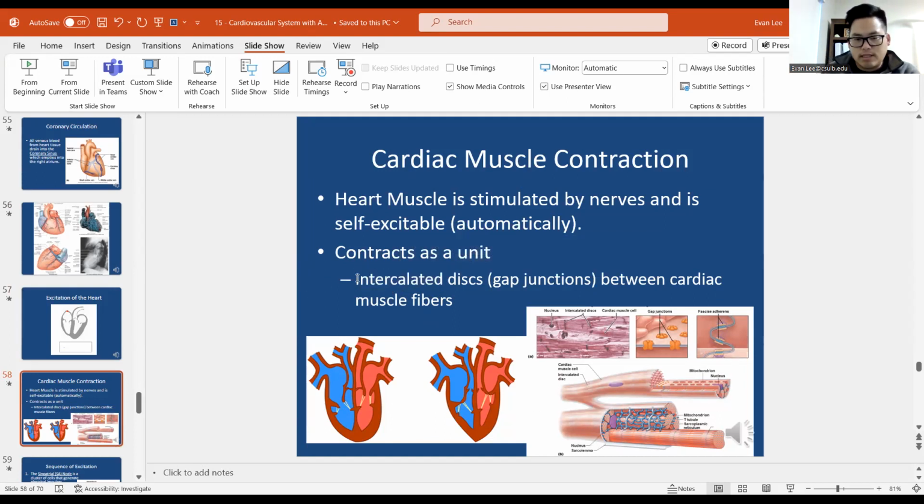These intercalated discs are really helpful because this is where you'll have little structures called gap junctions, which allow for communication from one cell to the next, allowing the electrical conduction to go from one cell to the next and so on. So the cardiac muscle allows the electrical conduction to go from one cell to the next, to the next, so that it's not just nerves contracting the whole heart. It actually contracts and is stimulated in sequence.